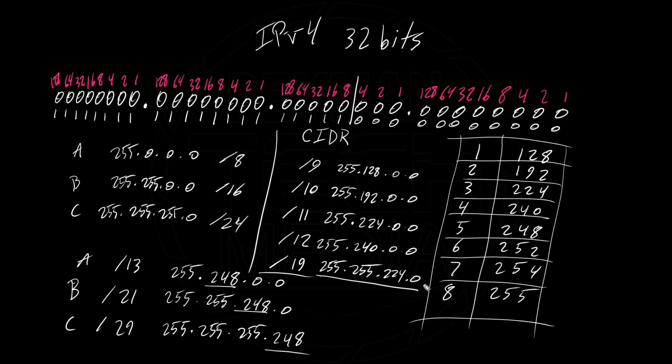Now let's see. If I erase all this and go back, we have 8 plus 8, 16, 17, 18, 19. And let's draw our cut line. The rest of them are 0. So we have only 3 bits turned on.